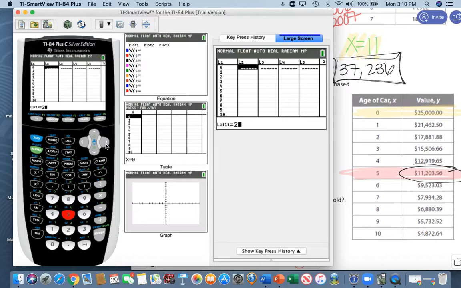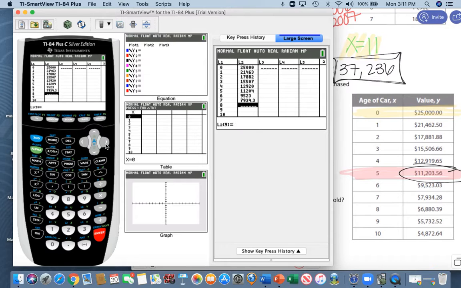I'm going to go over to L2. I've got 25,000, 21,462.5, 17,881.88, 15,506.66, 12,919.65, 11,203.56, 9,523.03, 7,934.28.